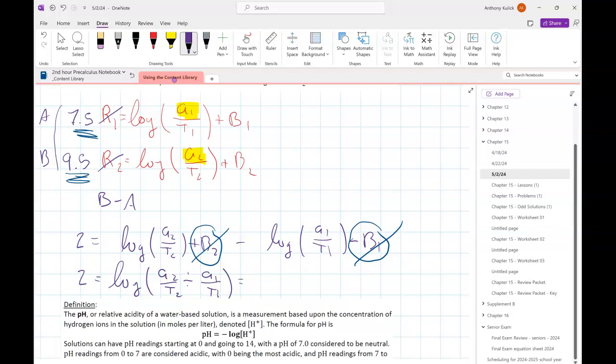And I know to divide 2 fractions is the same as multiplying by the reciprocal. So I have A2T1 over A1T2.